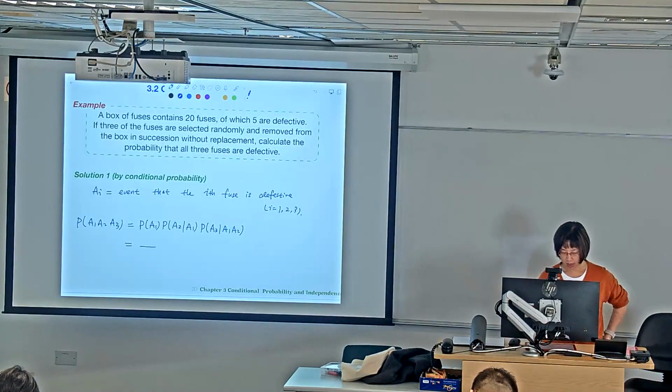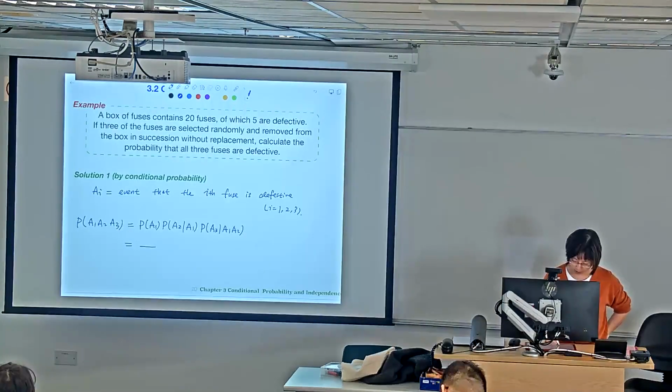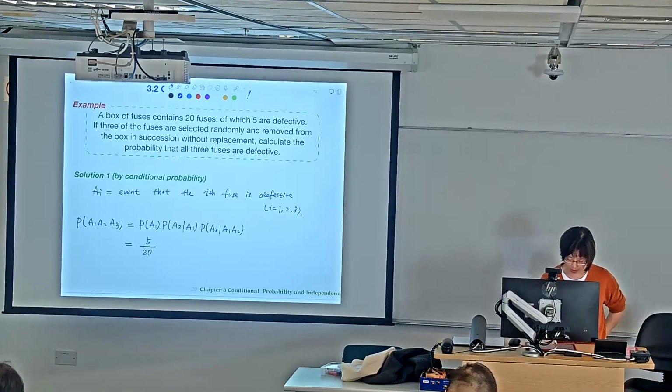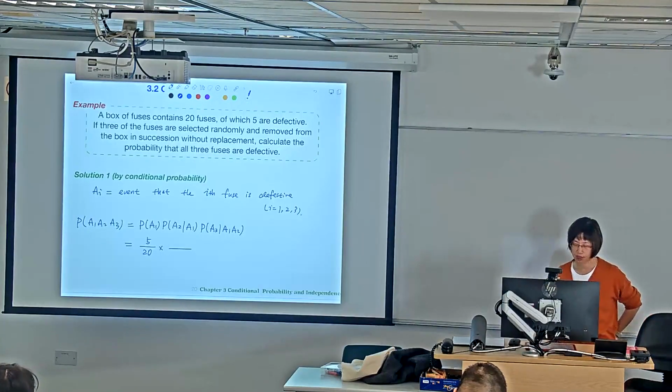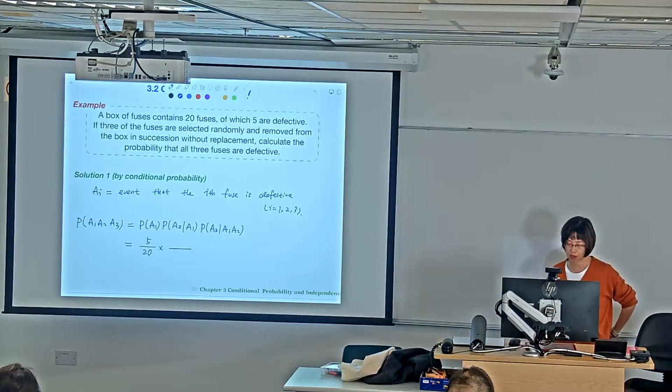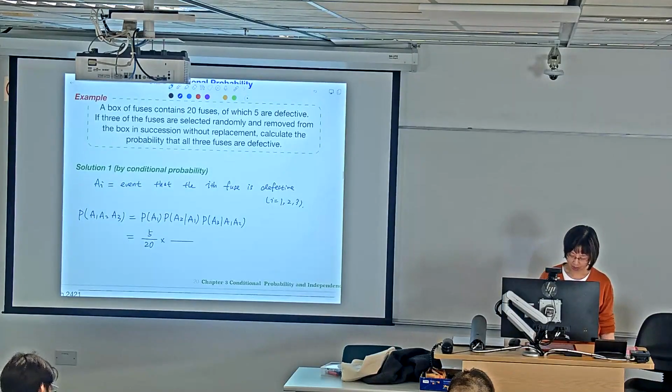So probability of A1, the first chosen fuse is defective. There are 5 defective ones out of the 20. So this is the quotient. Then probability of A2 given A1 has occurred. Given the first chosen fuse is defective, the chance of the second one being defective is, now we are left with 19 fuses.